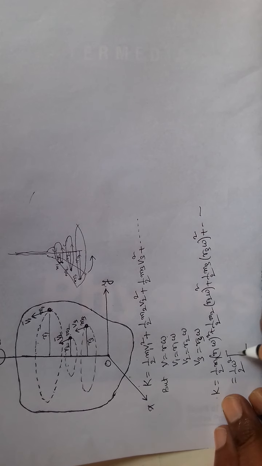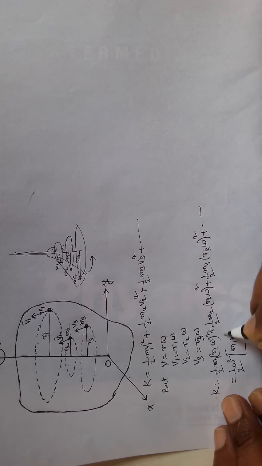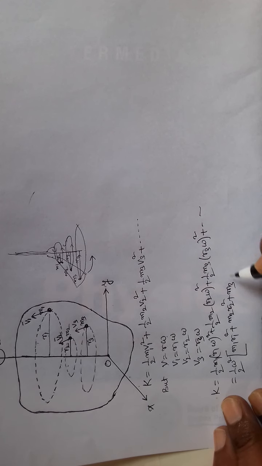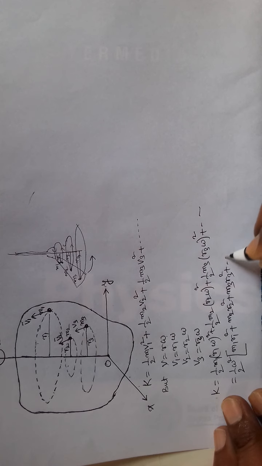So what is remaining? m1 r1 squared, m2 r2 squared, m3 r3 squared, plus so on.